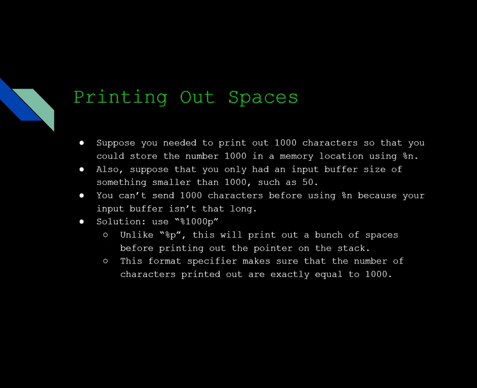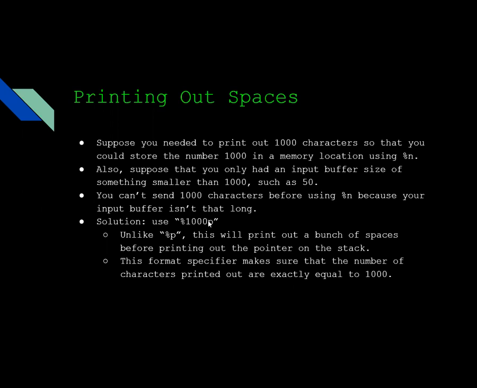So the solution to this problem is to use this format specifier right here. This is the alignment format specifier. And what it will do is it will print out a pointer that's on the stack. But before printing out that pointer, it's going to print out a certain number of spaces so that the total number of characters that have been written out using this format specifier is 1,000 characters.